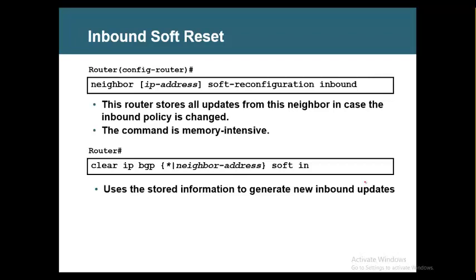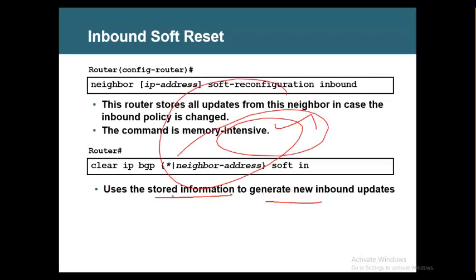We don't use this. Clear ip bgp soft in will be useful if you enabled this, so that you can store and do changes for the inbound. But we don't do these things in production because of the consumption of additional storage.